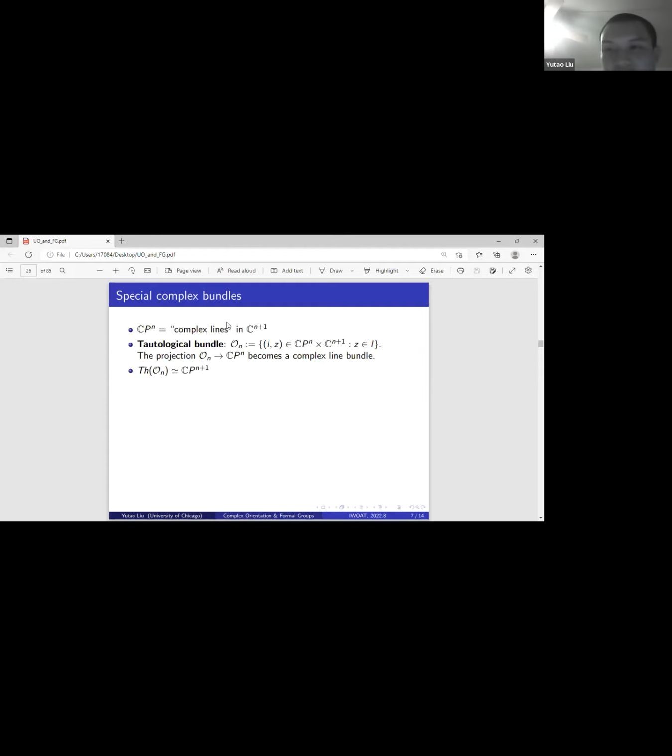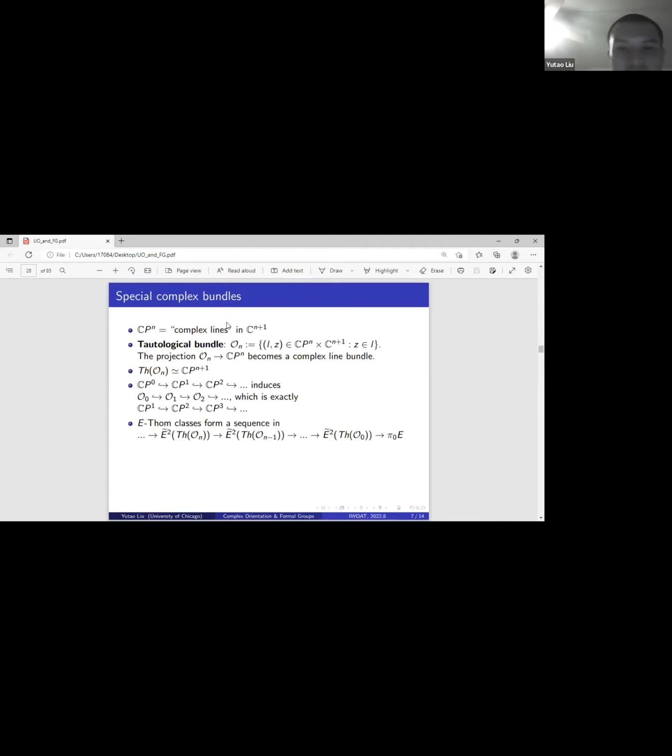First, the Thom space of O_n here is the same as CP^(n+1). Moreover, if you consider the natural inclusions among the different complex projective spaces, they will imply inclusions of the tautological bundles, which will further agree with the inclusion of the same complex projective spaces with degree shifted by 1.